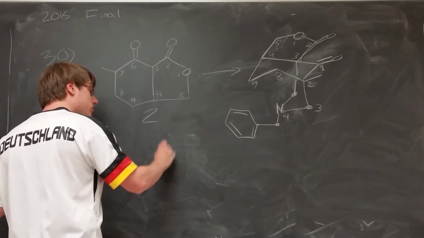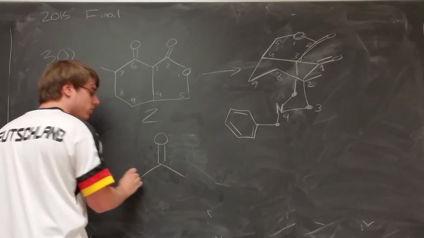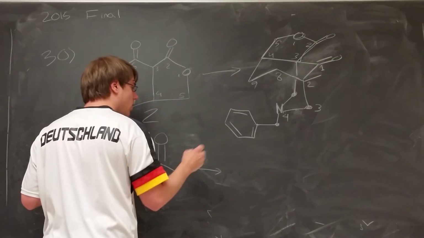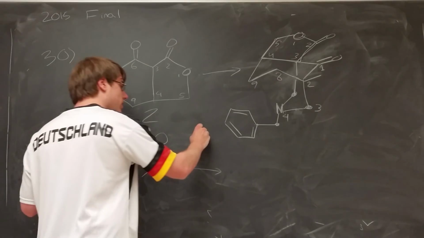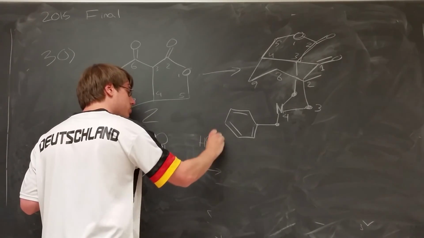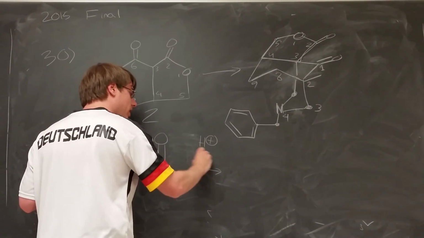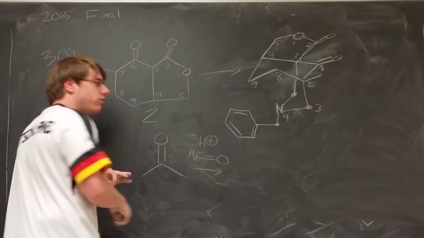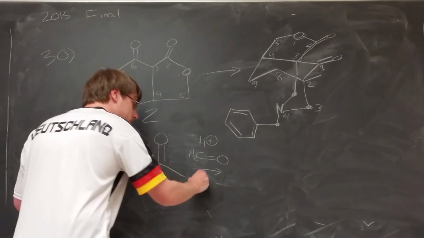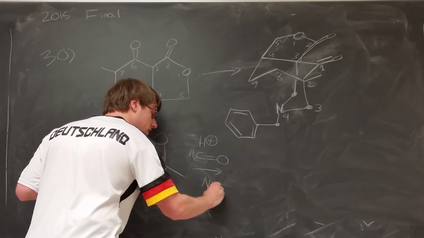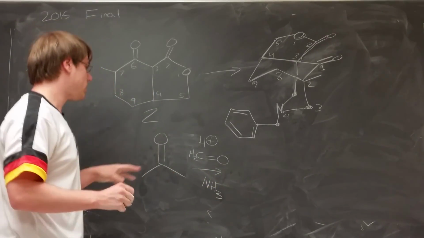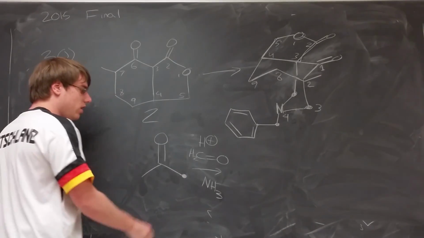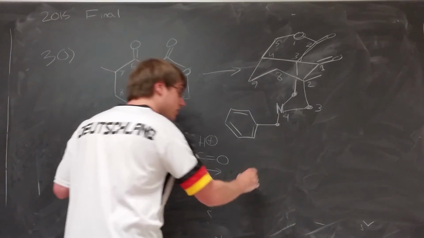If you take a carbonyl, let's say a ketone like this, and treat it with H+, a formaldehyde, so a CH2=O, and then whatever amine group you want to add, let's say NH3 in this example, what you end up doing is taking one carbon of the ketone and connecting it to the carbon of the formaldehyde.